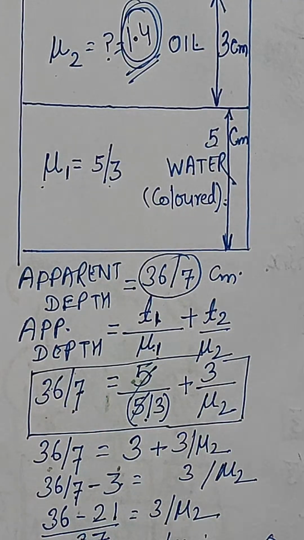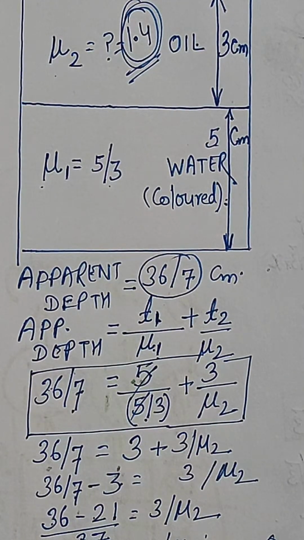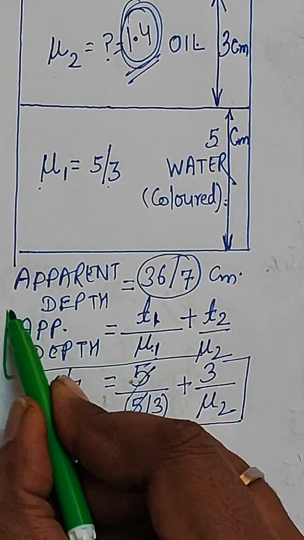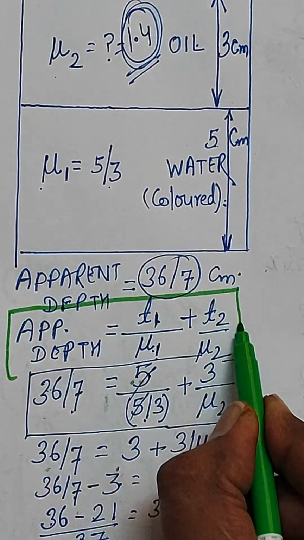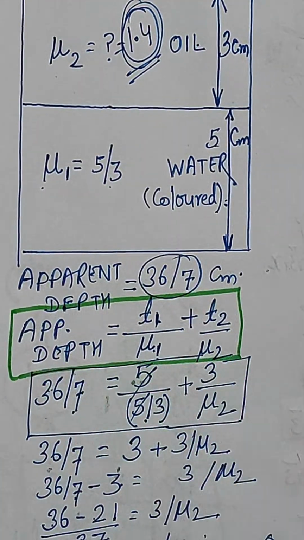I hope you understand the solution, how we calculated. So just remember this one. Let me highlight with a different color. You need to understand that apparent depth is calculated by this formula.